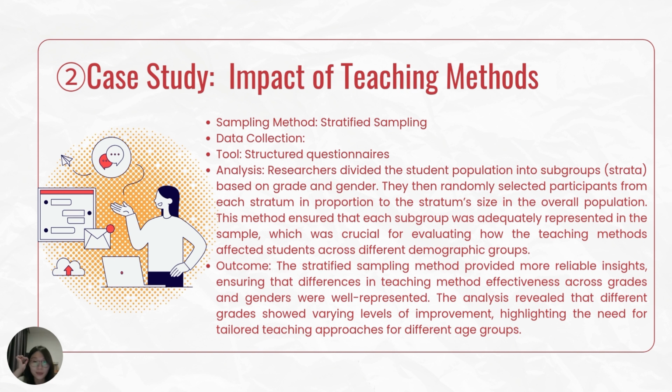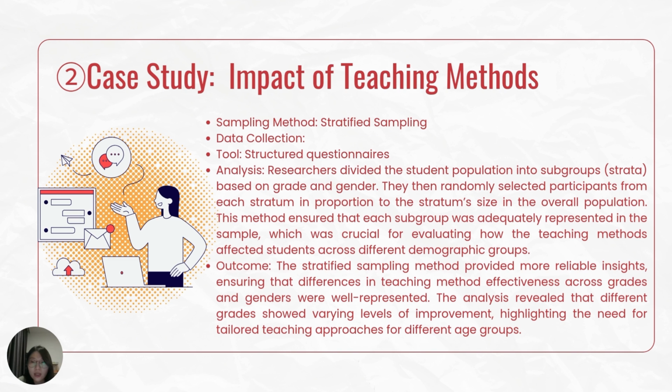Second case study: impact of teaching method based on stratified sampling. We choose the sampling method, stratified sampling. We choose the data collection tool, a structured questionnaire. Analysis: researchers divided the student population into subgroups based on grade and gender.